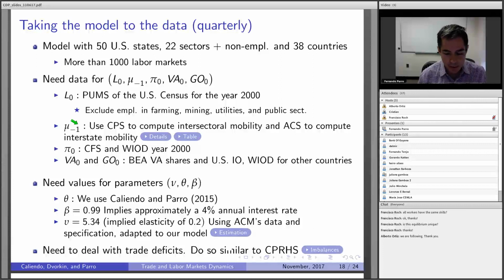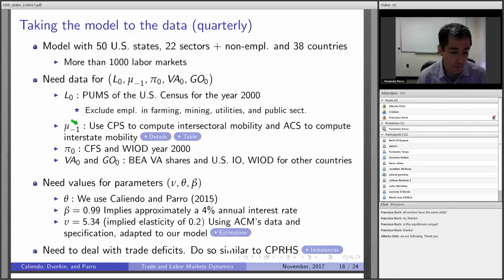Just to give you an idea of what we do, we assume that all the revenues from the structure, which is again a fixed factor in the model, are transferred to a global portfolio, and each labor market has a constant share of this global portfolio. That means that the differences between the remittances to the global portfolio and the transfer income from the global portfolio are going to create imbalances.